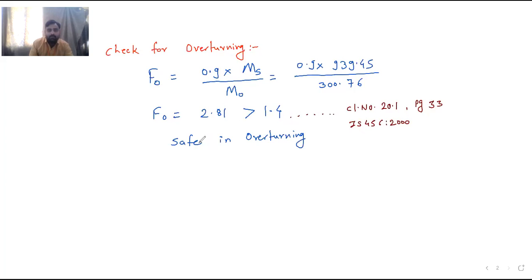Now we have taken the check for overturning. Similarly, we will take the check for sliding.